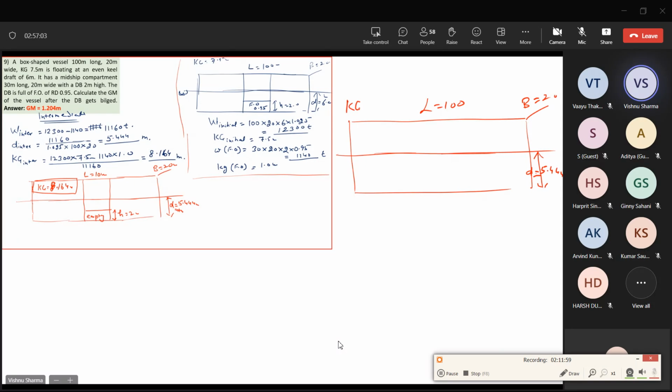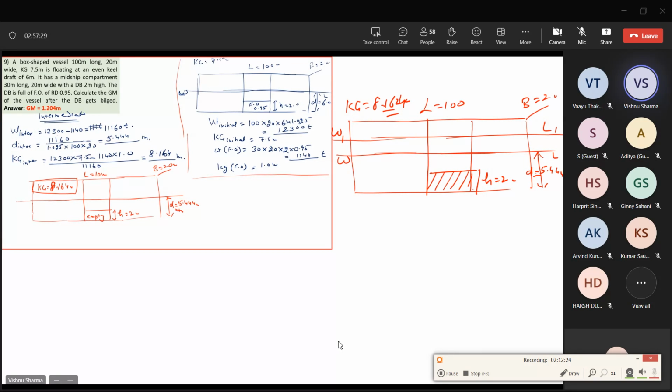Its KG is 8.162 meters. It has this DB as empty. And now I bilge this DB. What will happen? This buoyancy would be lost. This will cause the vessel to sink to a new waterline W1, L1.